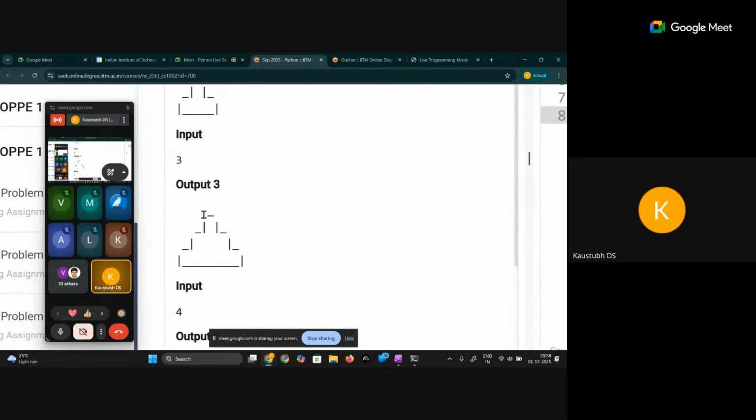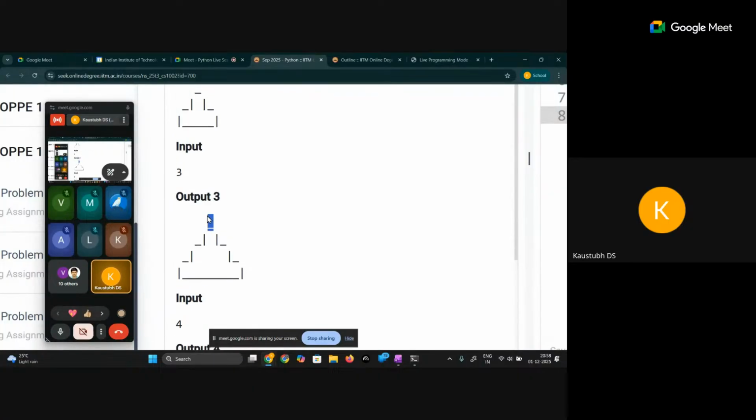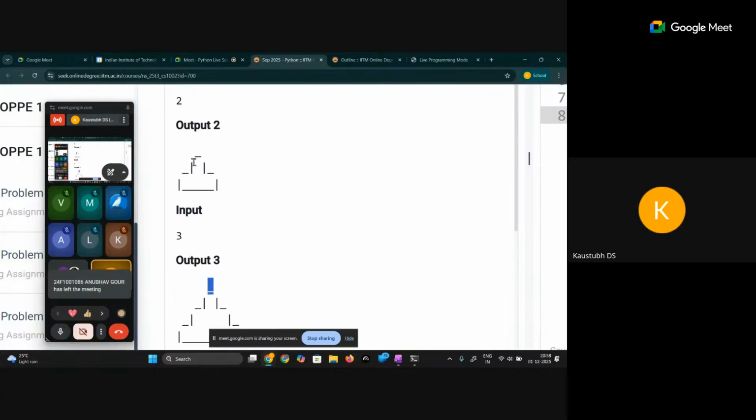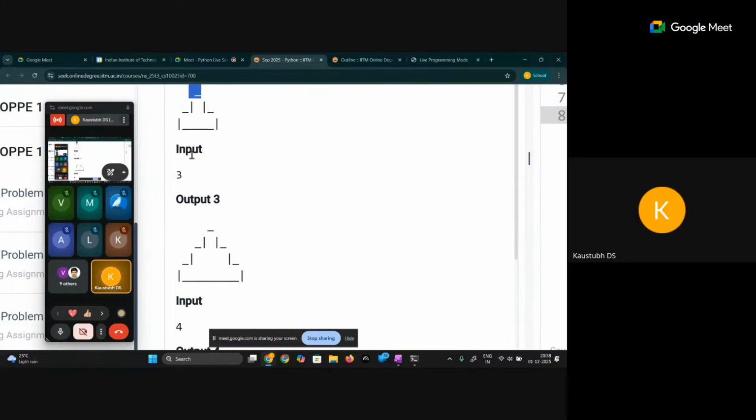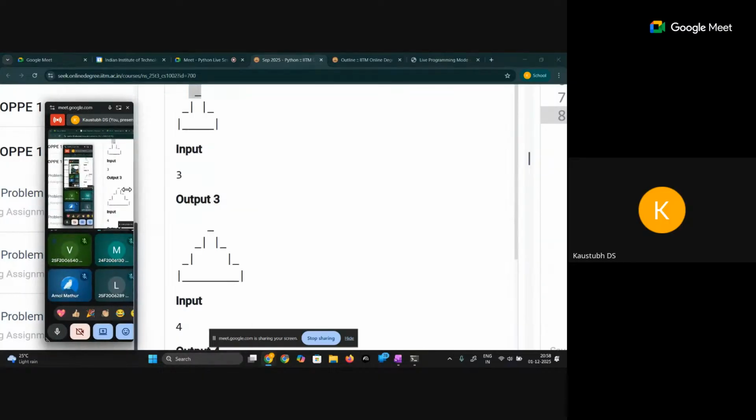I don't know how many spaces these are, but it's something, and then we have an underscore. Here as well it's some number of spaces and then an underscore. So that is the first line always, right?